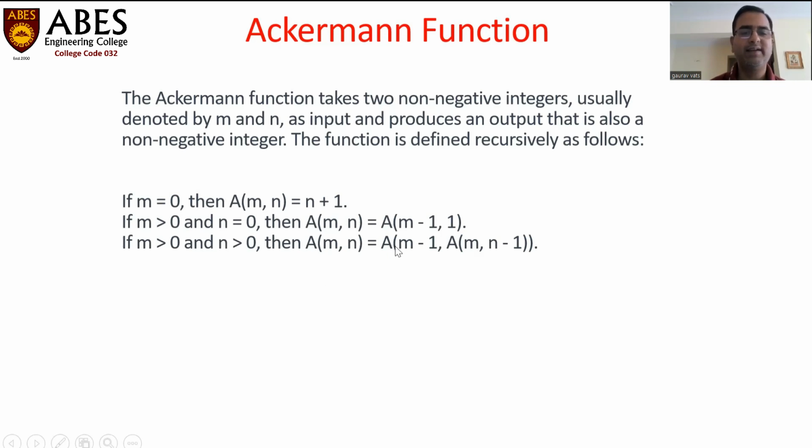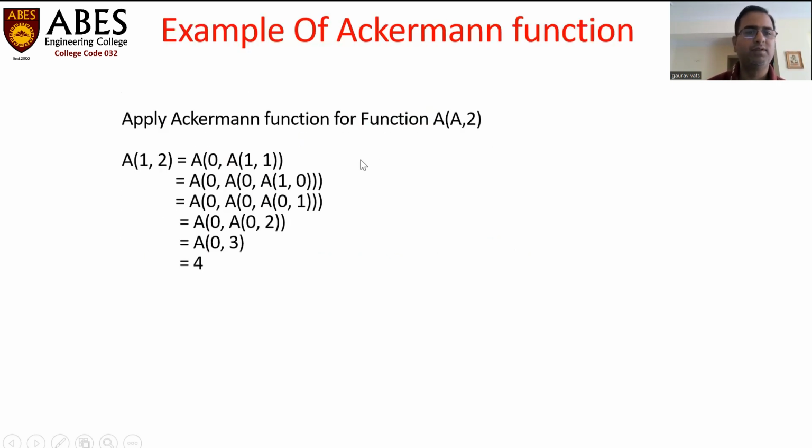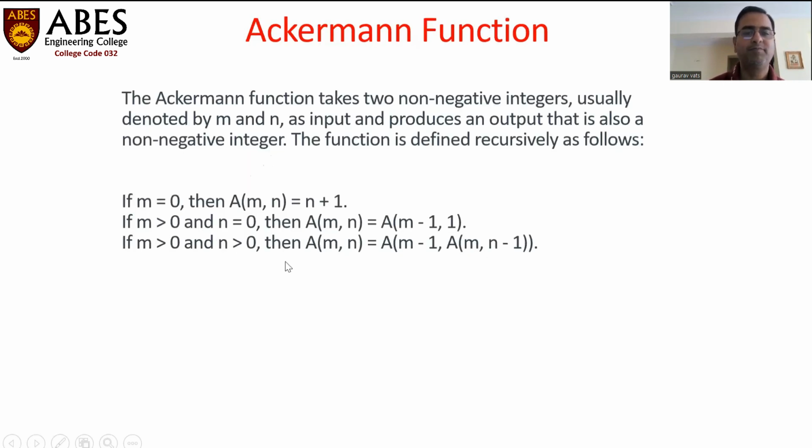What is it giving? A(m minus 1, A(m, n minus 1)). So m minus 1, that means 1 minus 1, that is 0, comma A(m, n minus 1), that means 2 minus 1, 1. It is following the third case.